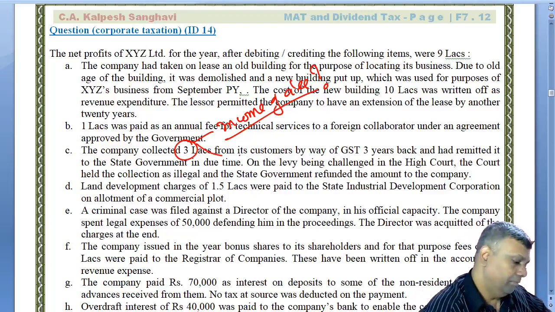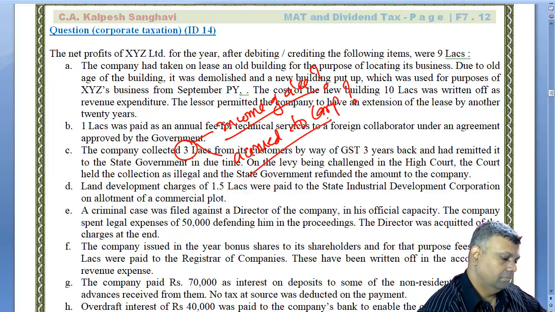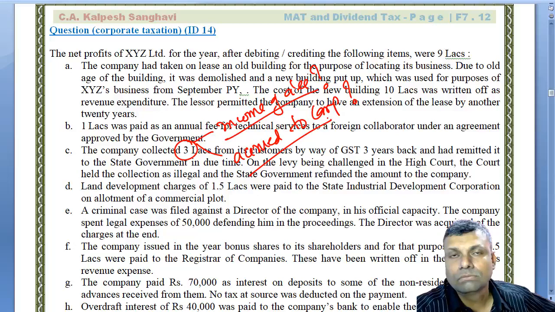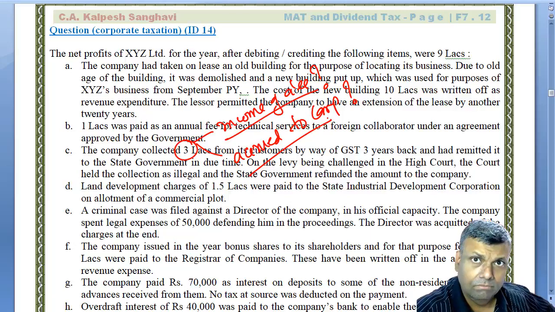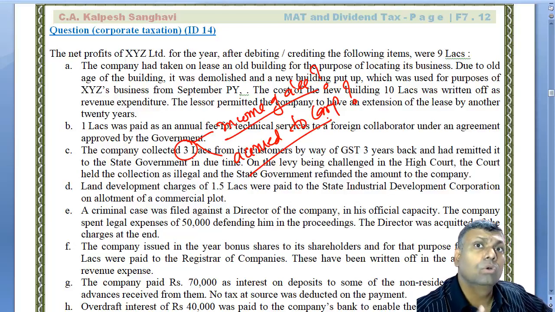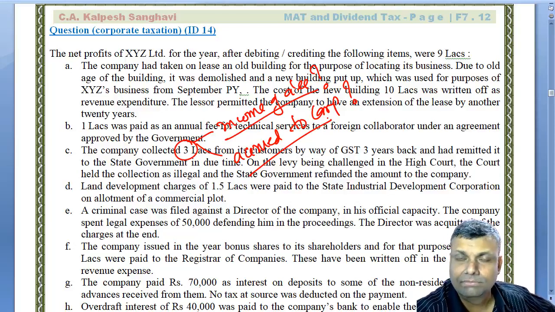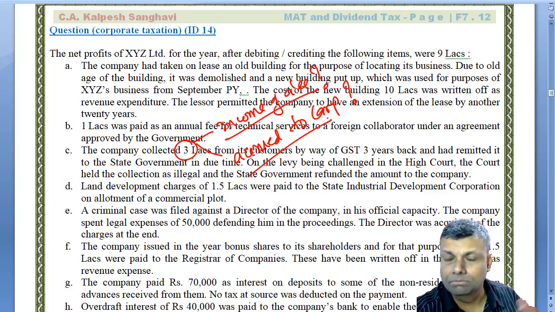Put it differently, is it accrued to the company? Again, put it differently, it is possible that this challenge is pending in the Supreme Court, but still the same question: is it accrued to the assessee? That means, is it my income?